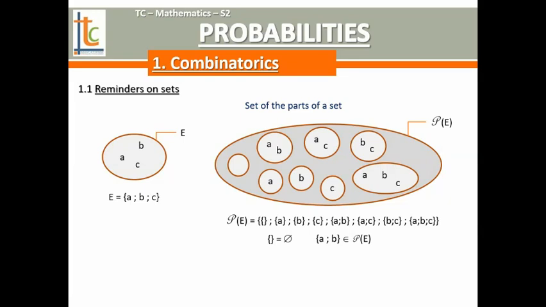Combinatorics means let's go inside P of E. And maybe sometimes let's take an order into account that is not present here. The set AB, for example, has no order. But maybe in some situations, the order is to be taken into account.